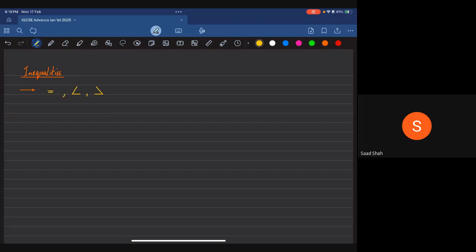Now we're also going to have the not equals sign, although that's really rare and never truly occurs at your level. And then you're going to have greater than or equal to, and less than or equal to. Is this clear, people? Okay.